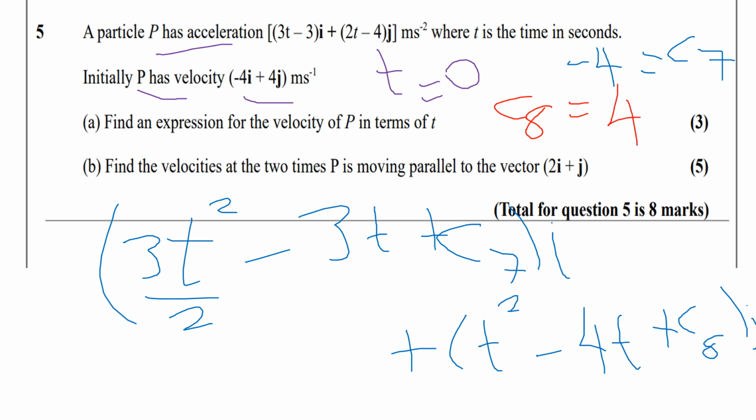So your final answer for part A will be (3/2 t squared minus 3t minus 4)i plus (t squared minus 4t plus 4)j.